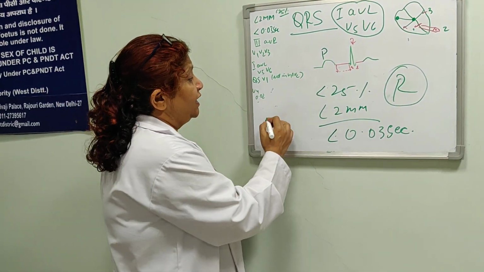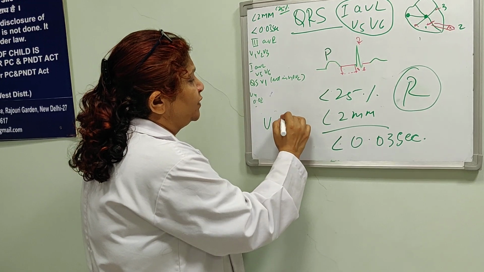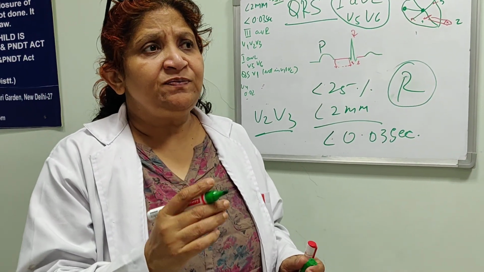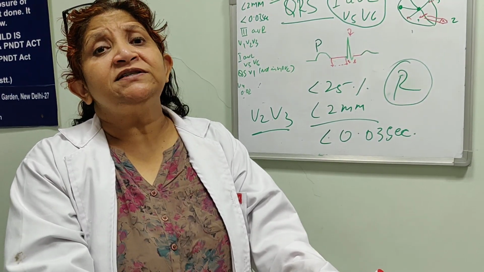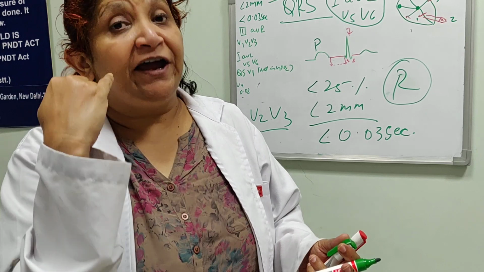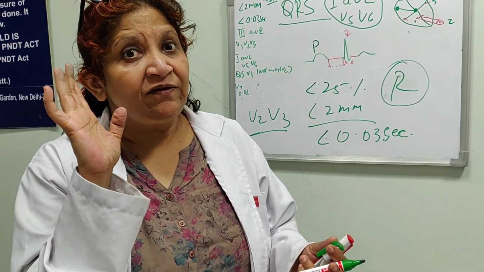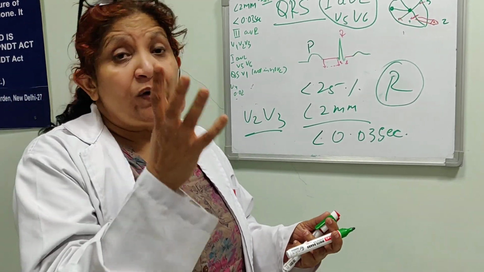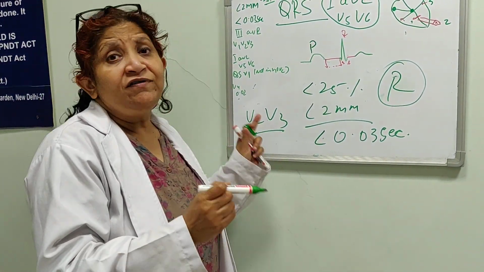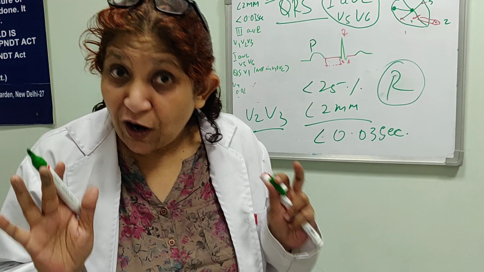So Q wave is not normal in V2 and V3. V1 can have a QS complex. QS means a totally deep negative complex. That means it may not record a septal at all if it is placed higher up. So QS complex in V1 will do, but QS complex in V2 is abnormal. So Q wave in V2, V3 is not normal.